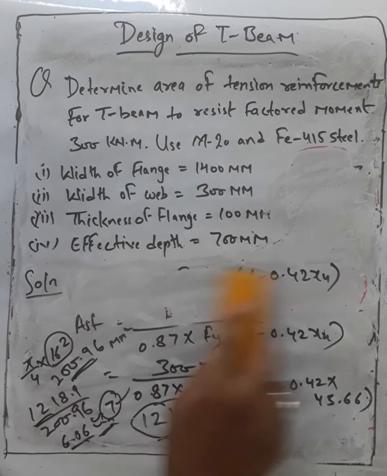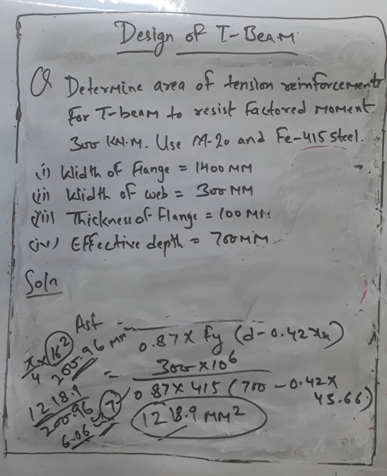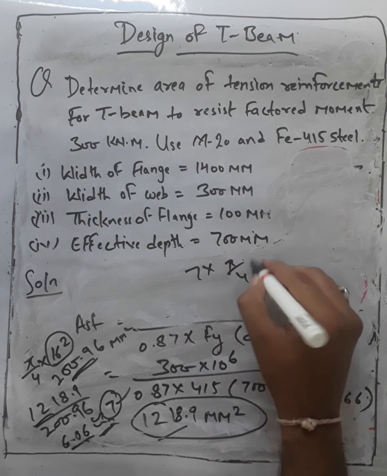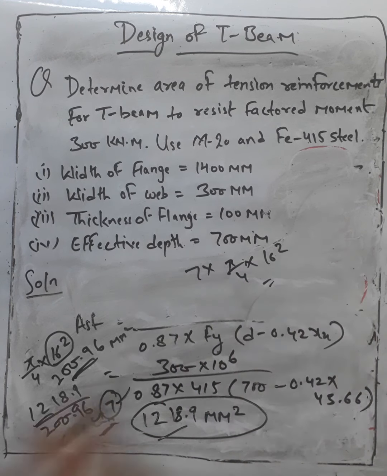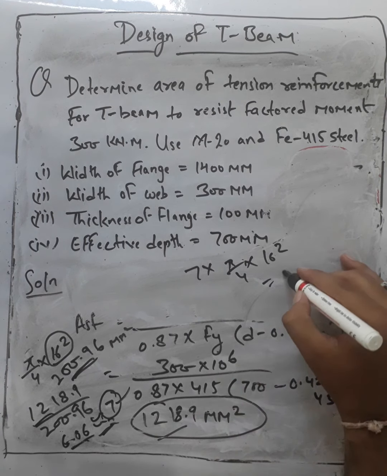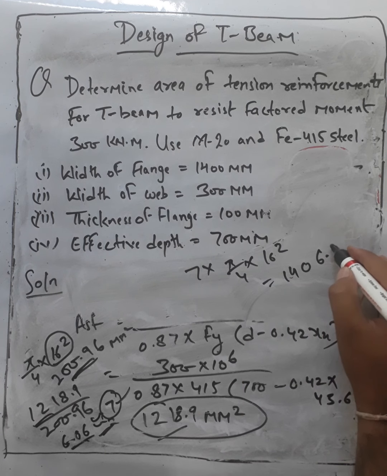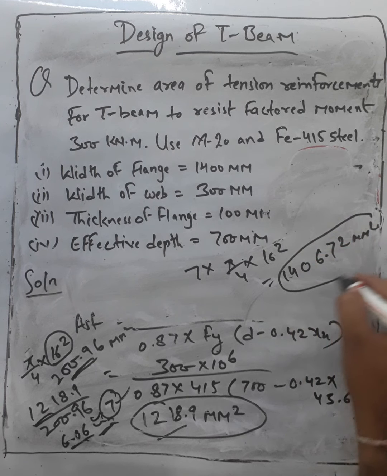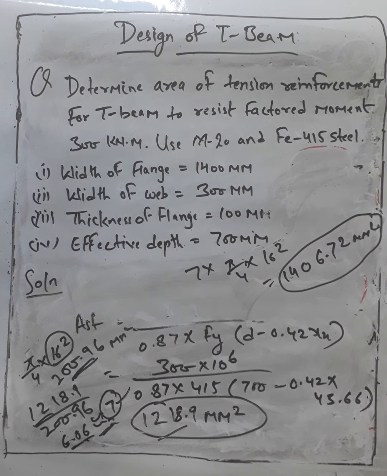So area of 7 bars is 7 into pi by 4 into 16 square. Here you get 1406.72 mm square. This is the area you provided in this T-beam.